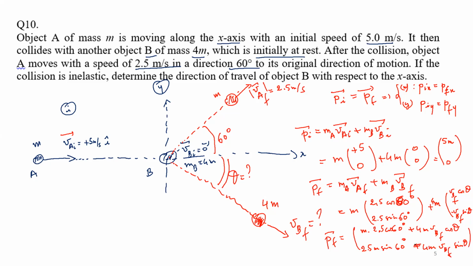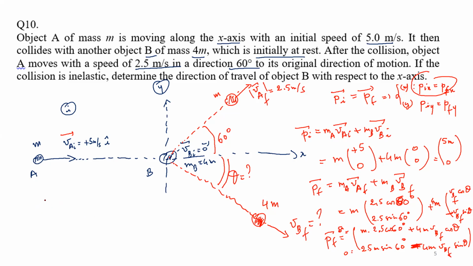Of course, here it's a minus, because this VB final is positive along X but negative along Y. So if I come back to this, that means this should be equal to 5M, and this should be equal to 0.